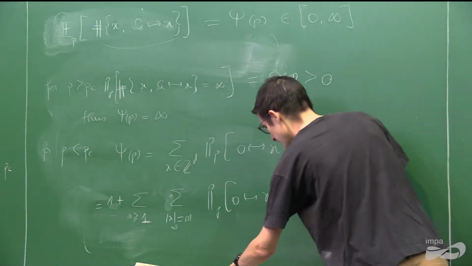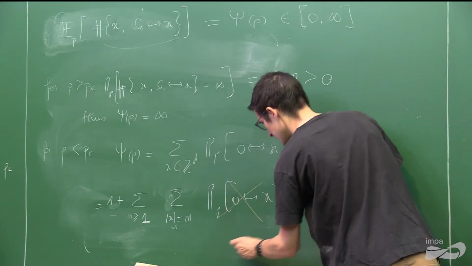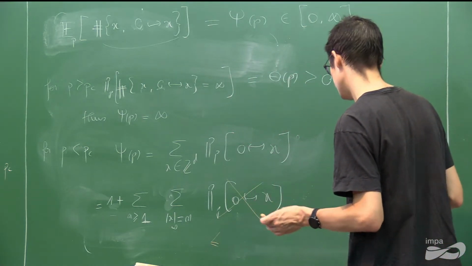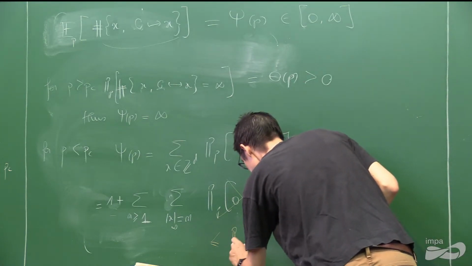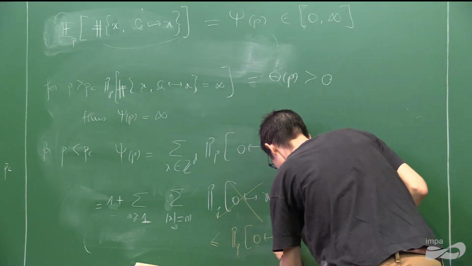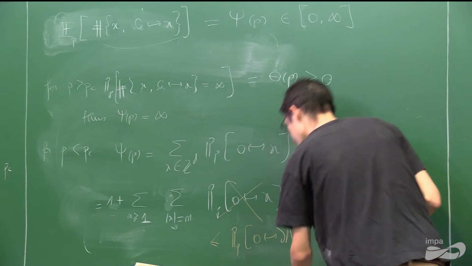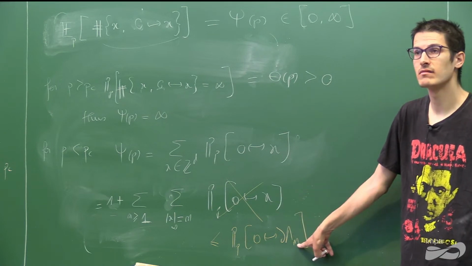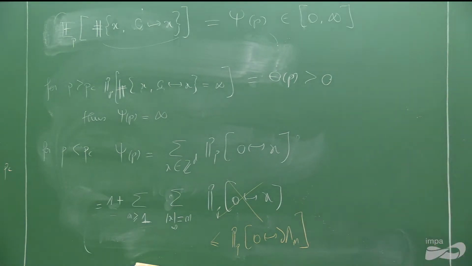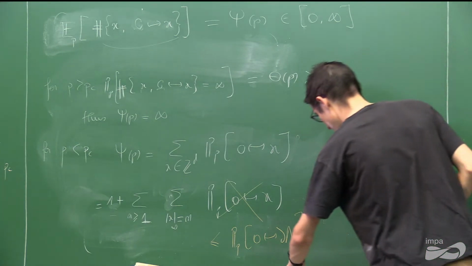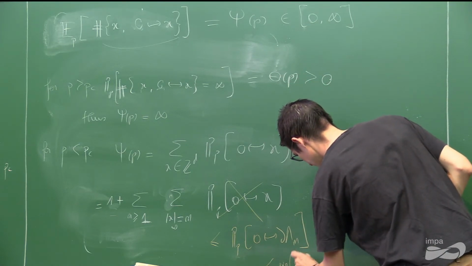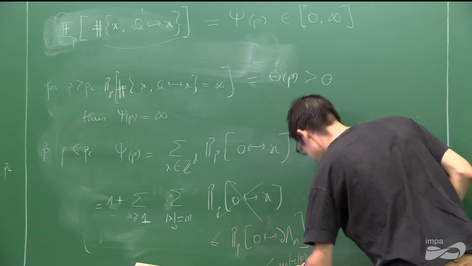And now this thing is smaller than the probability that 0 is connected to the boundary of Lambda n, because this guy belongs to the boundary. So in particular, this is smaller than exponential minus c_p times n.